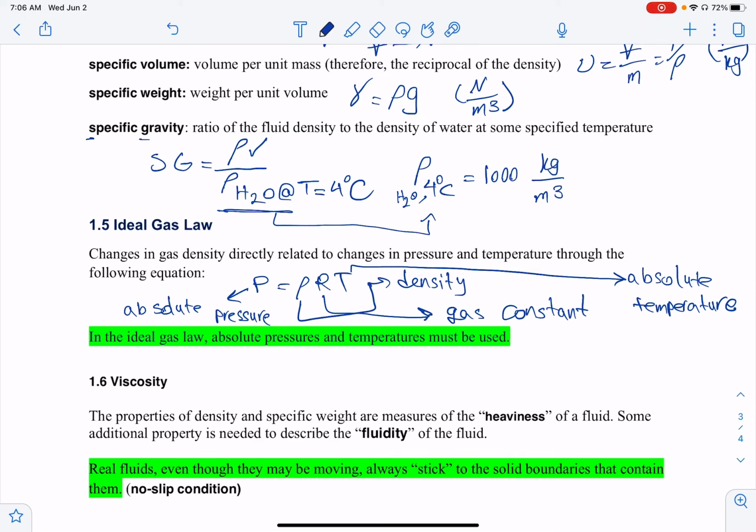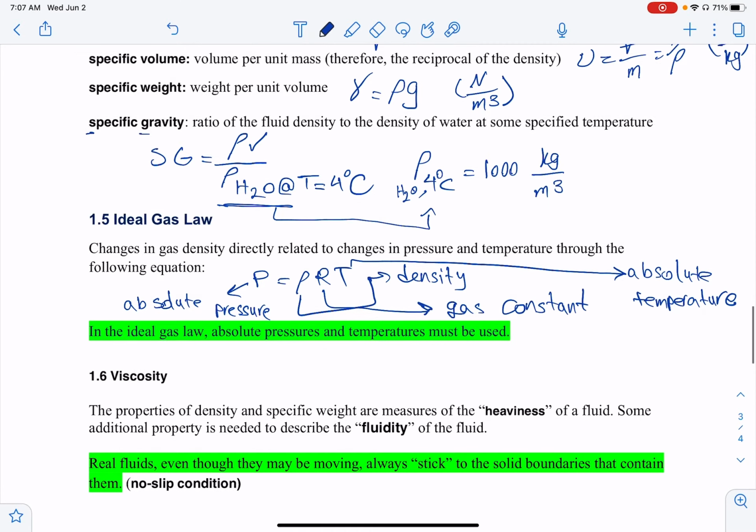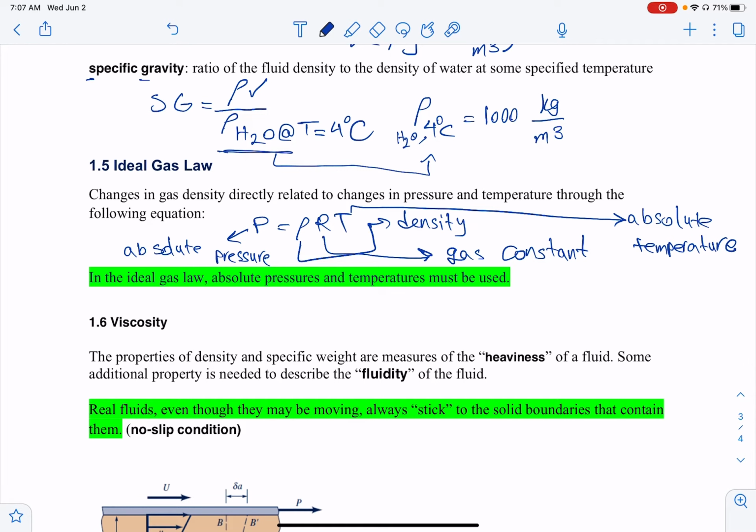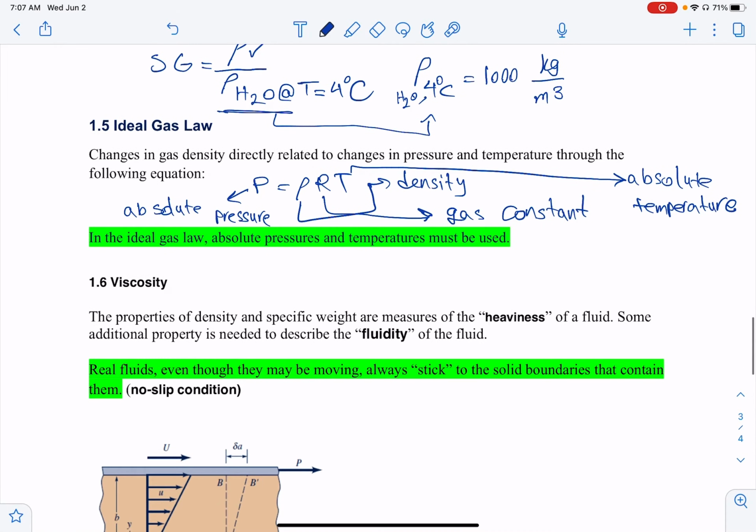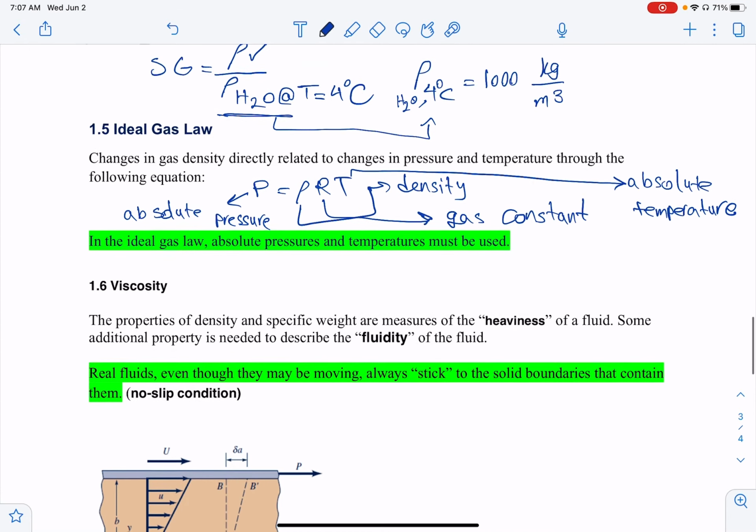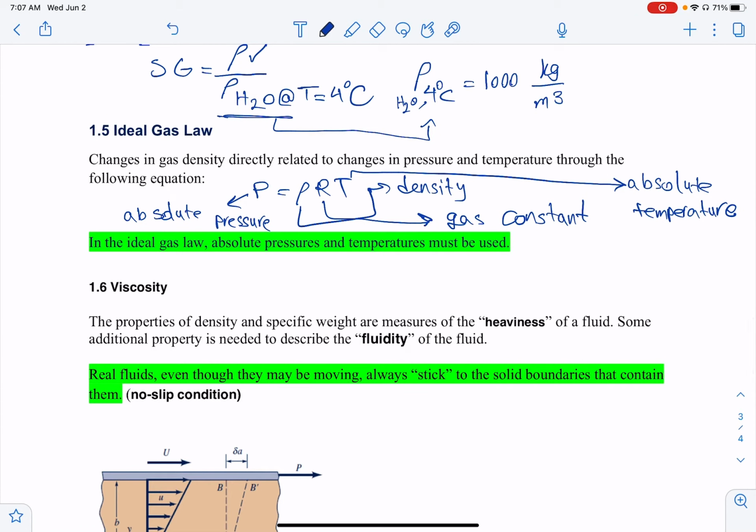So when we say ideal gas, it means that when we are using this formula, it just approximates the behavior of real gases under normal conditions. That's it for the ideal gas. I'm not going to talk about it too much.